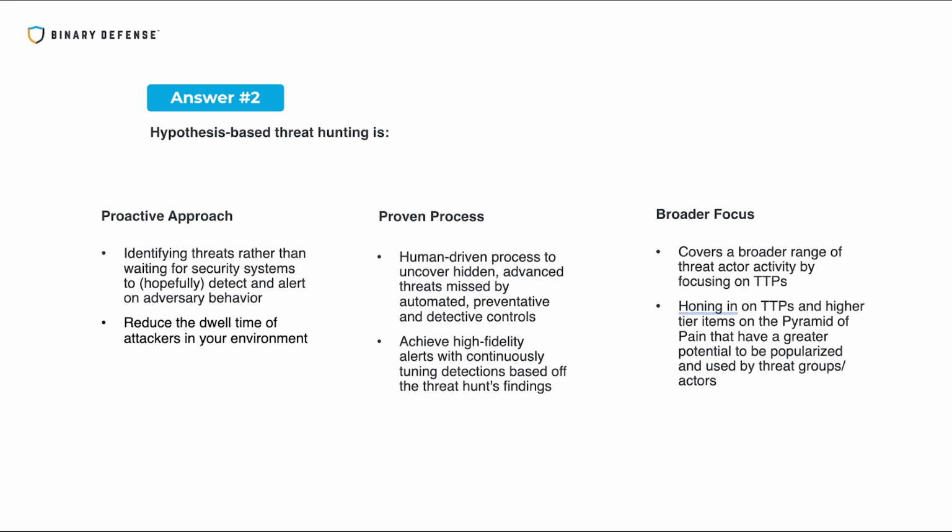Additionally, you can achieve high-fidelity alerts by continuously tuning detections based off the threat hunt's findings. With all of that, you cover a broader range of threat actor activity by focusing on the TTPs higher up in the pyramid of pain, which usually have greater potential to be popularized and used by threat groups and actors.